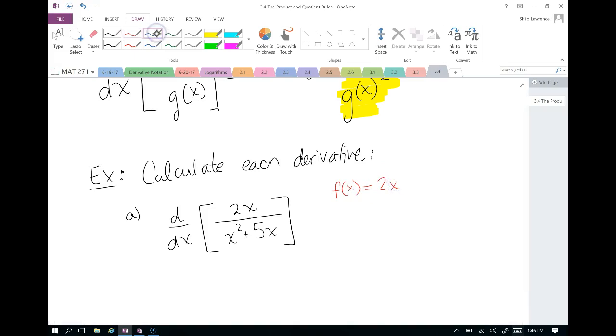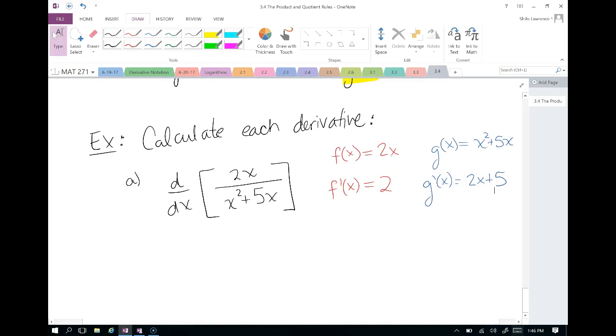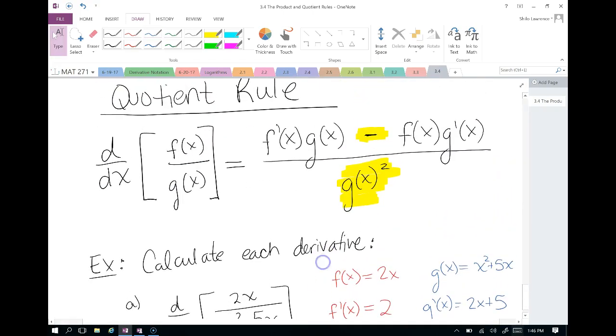The denominator is our g of x. We need each of their derivatives individually. So far, this looks just like our product rule, and it should. We've got all the pieces we need. Now we just need to put it back together with our new quotient rule formula.